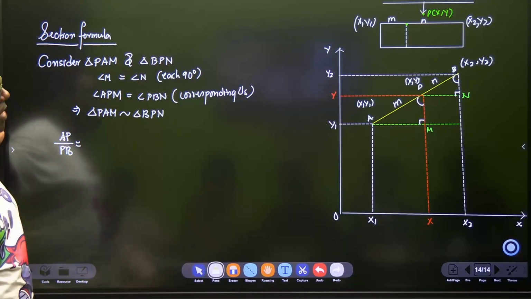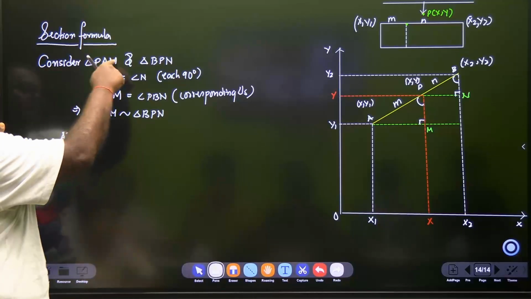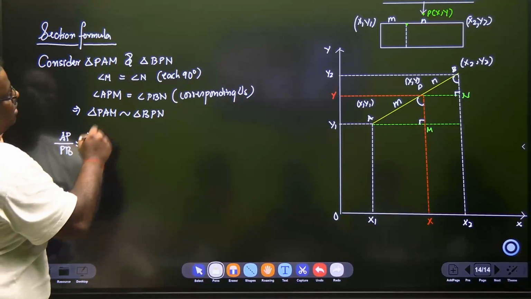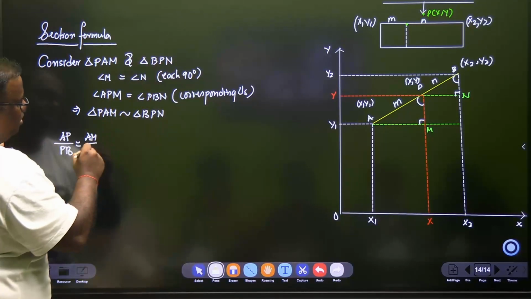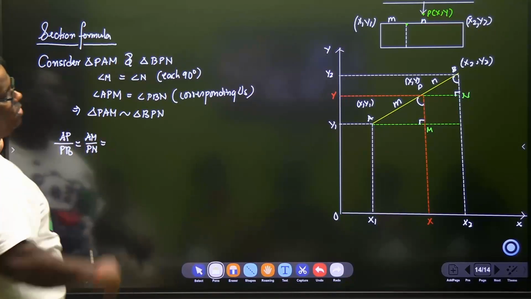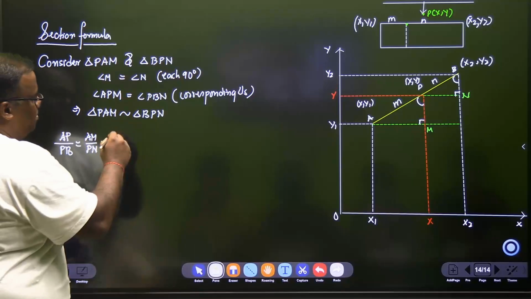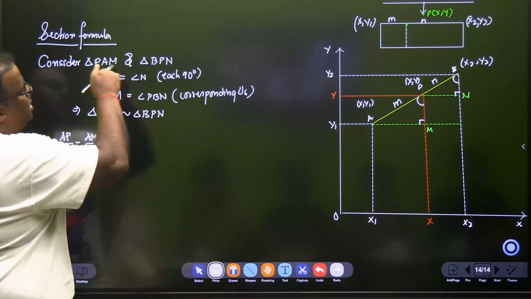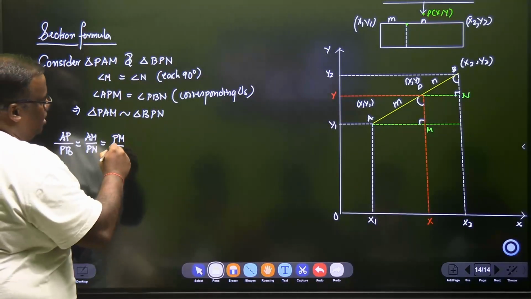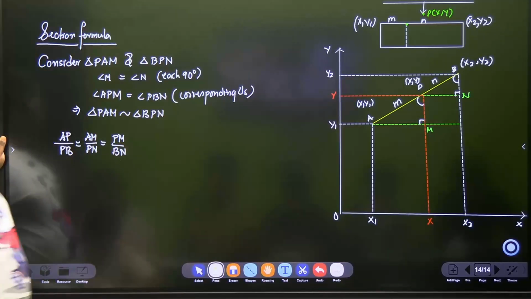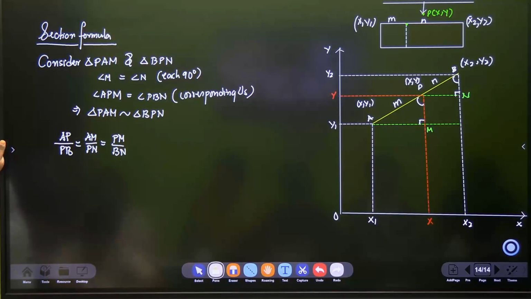Then let's go with the bases: the base AM, then here it should be PN, and should be equal to, let's go with the heights. The heights are PM, so it should be BN. See, it's matching. Okay?